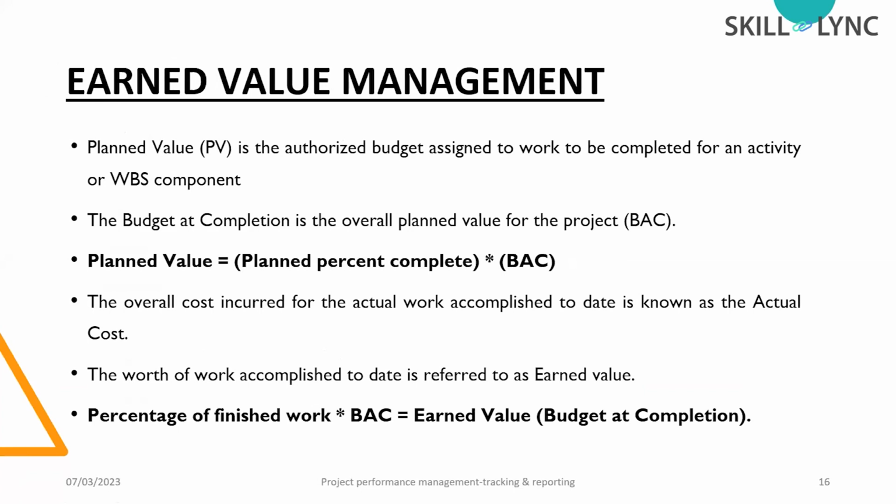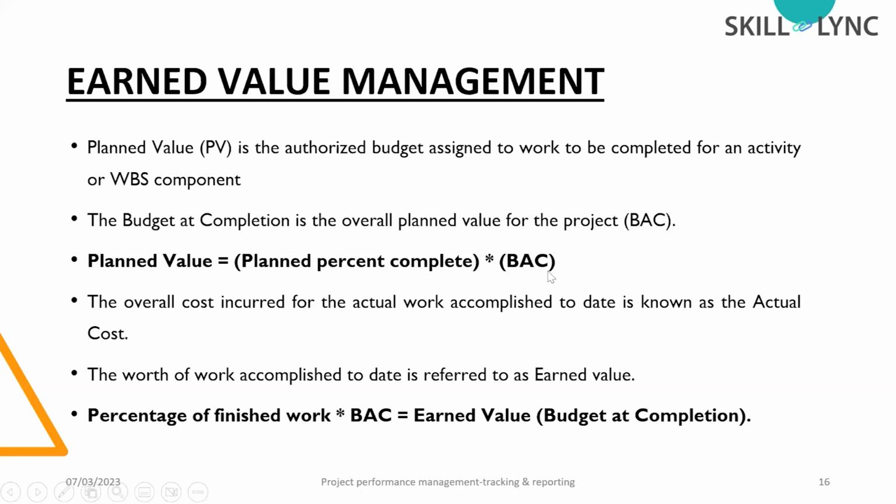Then next will be the budget at completion. The overall planned value, or the overall amount for the construction, is known as BAC, that is budget at completion. In order to get the planned value, we have an equation. There will be a planned percentage complete, and if we multiply it by the budget at completion, we will get the planned value.